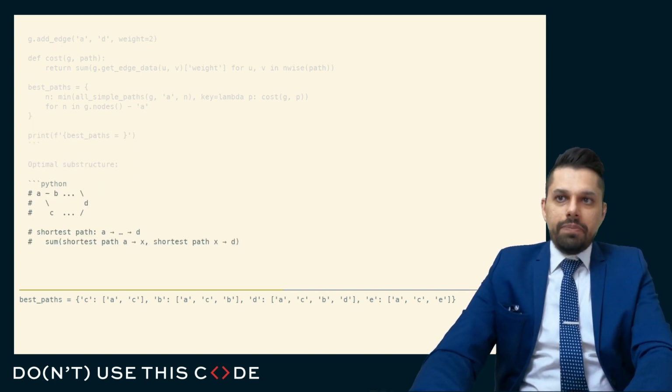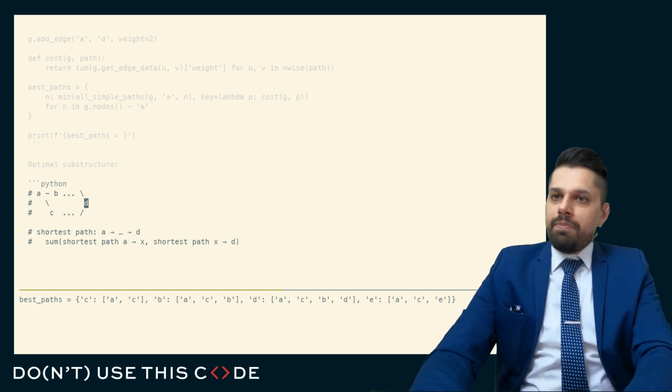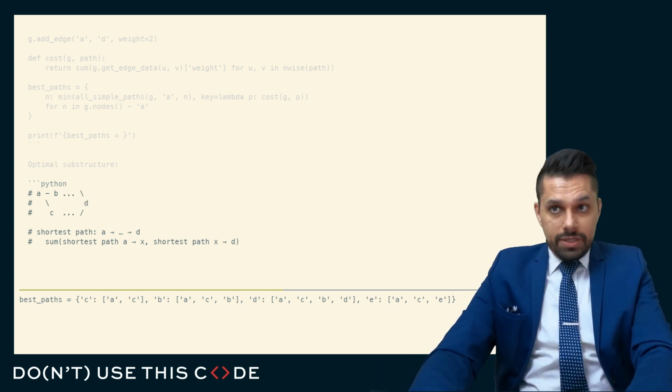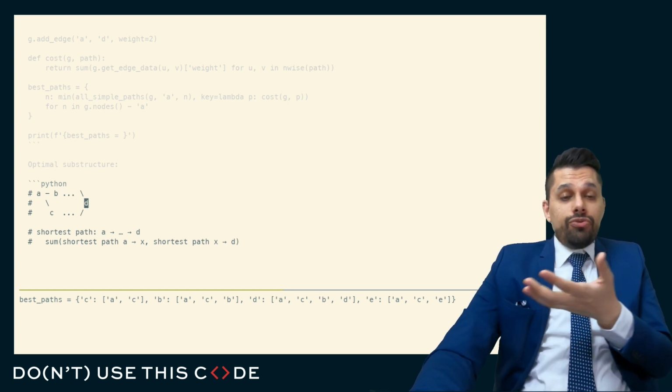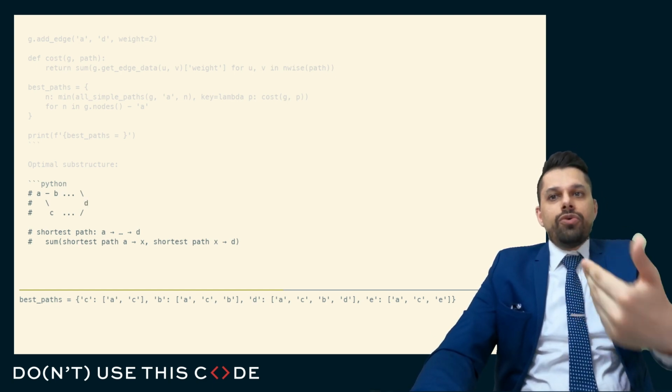Here's how I'm going to formulate it. I think in my graph, there must be some path from A to D. If this thing is fully connected, there is going to be a path from A to D. I don't know what that path is, but I know that the path exists. And I can say that path might go through B, it might go through C, and my choice is to figure out which nodes that path goes through.